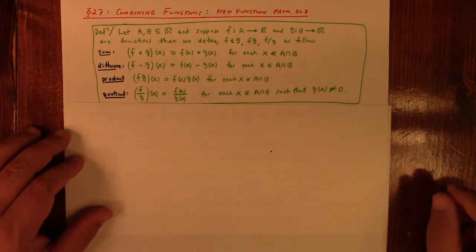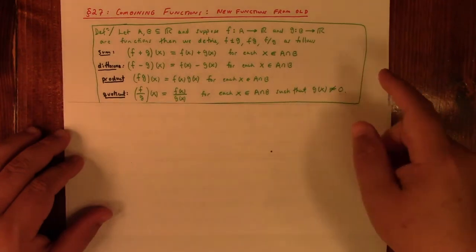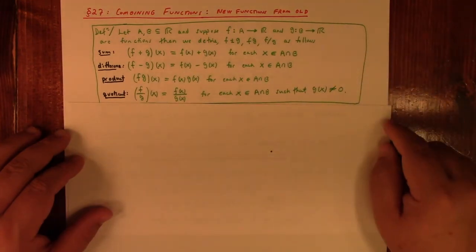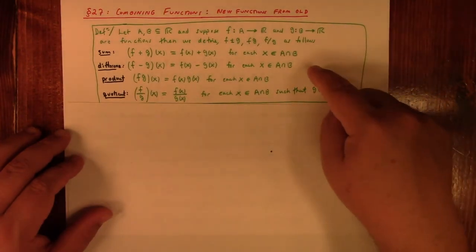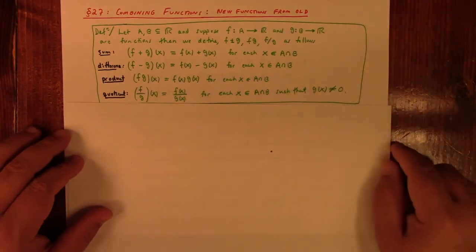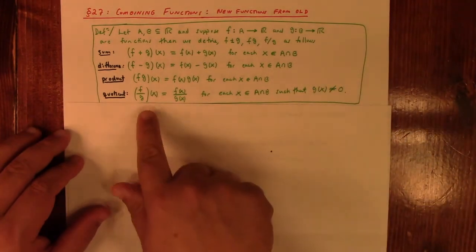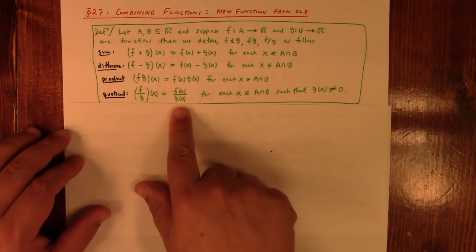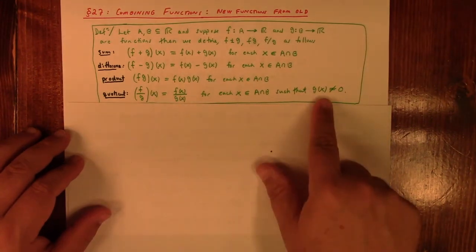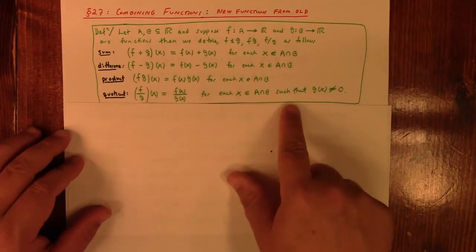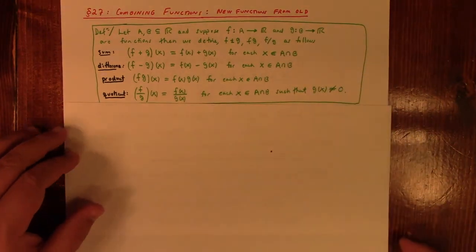And if the domain for f is A and the domain for g is B, then the domain for the sum, the difference, the product, it's just the intersection of the domains. The quotient, in order for that formula to make sense, we've got to rule out the points such that the value of g is 0. So the domain for the quotient can be a little bit smaller than the other 3.